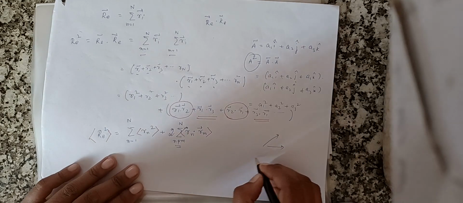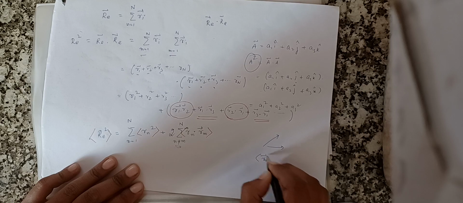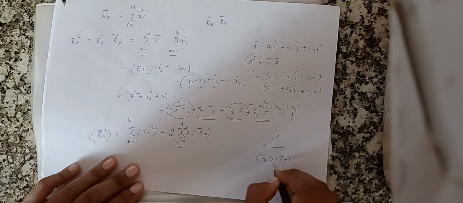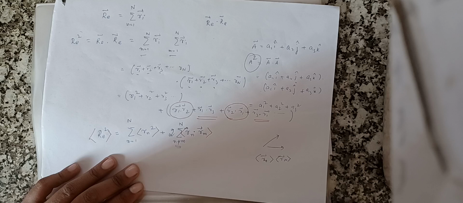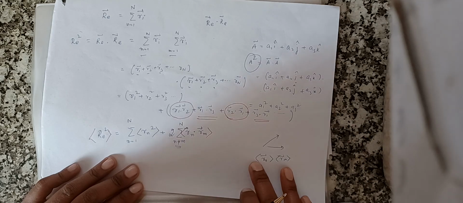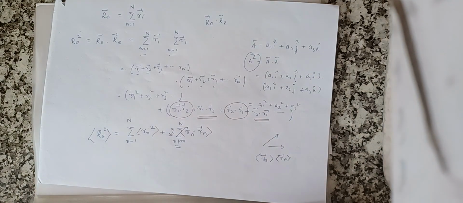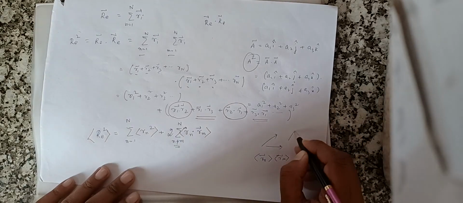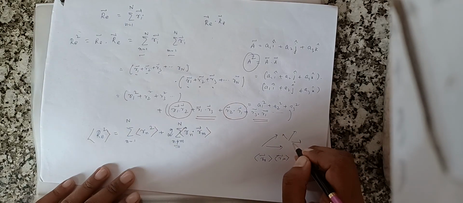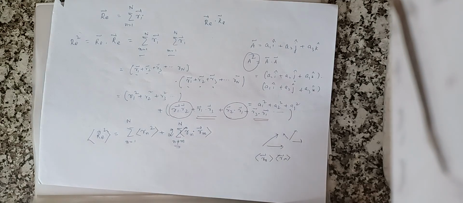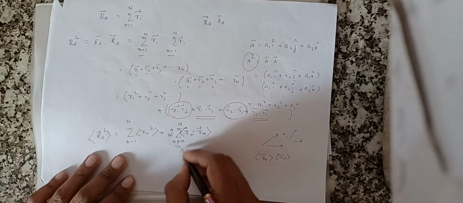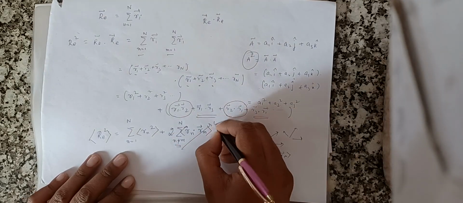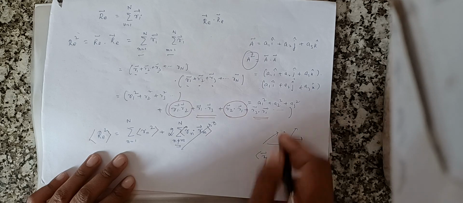These two terms are statistically independent of each other, right? So if you take the dot product of any two random vectors, it is going to be 0 when you average it out. Both of them can be in any direction, so on average the dot product is going to be 0. That is why the cross term results to be 0, just as it happened here.